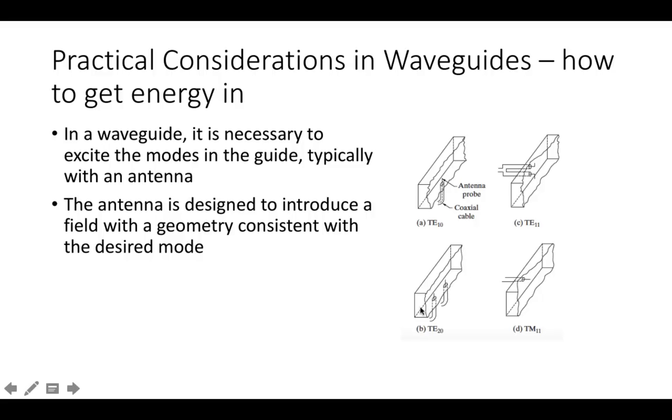Here would be the two probes exciting this mode and this one. For a TE11, you would have this configuration of antenna as being most efficient, and for a TM11 you would have this kind of antenna arrangement. So basically you design the antenna to introduce a field with a geometry that's consistent with the desired mode.